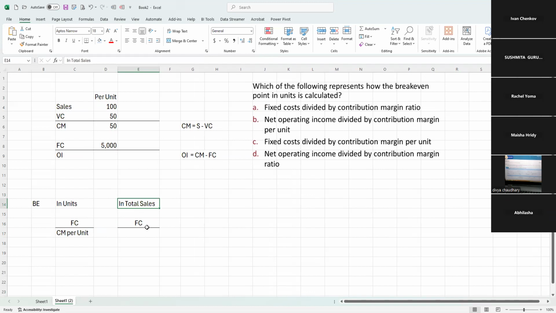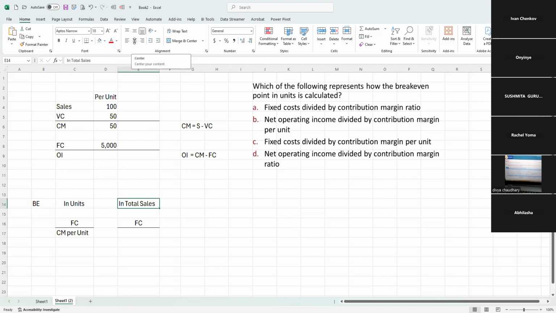Watch this. Sales minus variable cost, we get the contribution margin per unit. We get that one. Now, how am I measuring the sales? What's the unit of measure of sales?